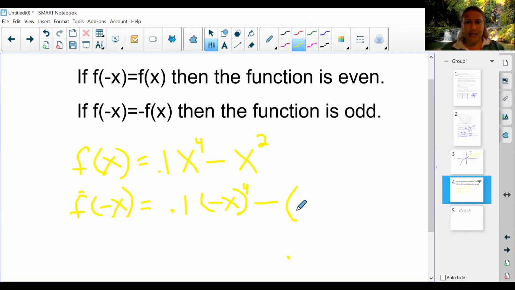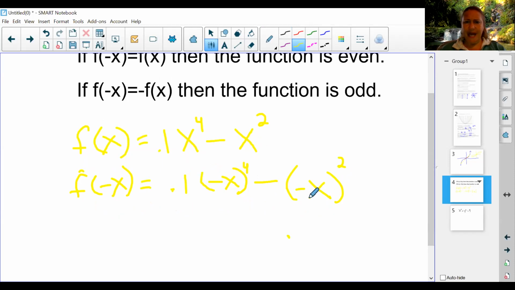Some of you might say, oh wait, minus minus do plus plus. No, exponents first. That would be subtracting before we've done exponents. Order of operations says exponents first. If I square this, I just get positive x squared. So I can already see that f of negative x and f of x give me the exact same thing. Okay, so I know that it's even.